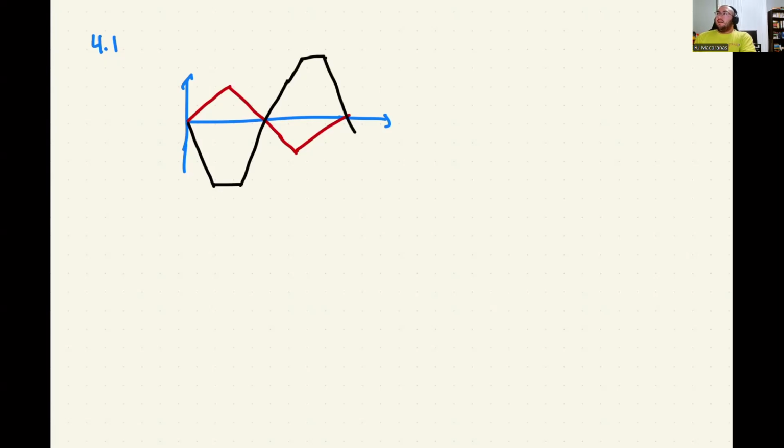So it's asking where the op amp is in the linear region versus the saturation region.